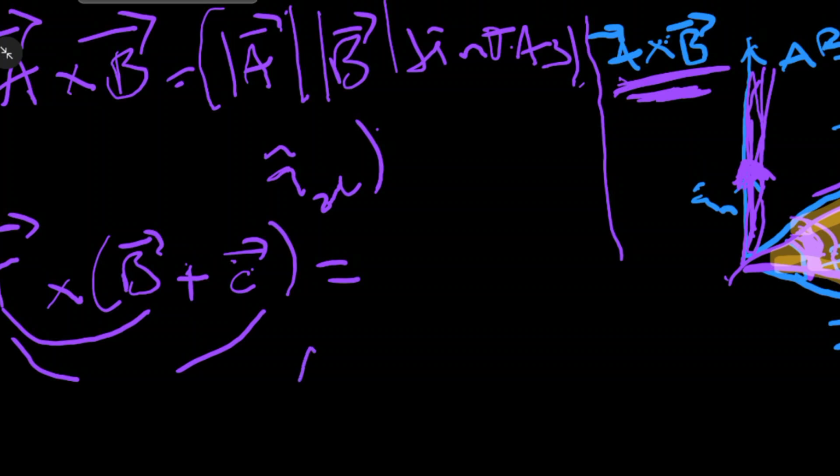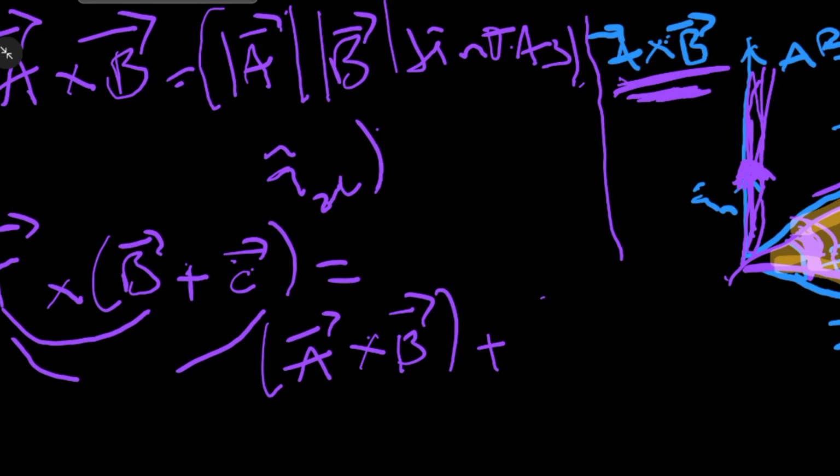So we could have vector A times vector B, right, plus vector A times vector C. So this is distributive.